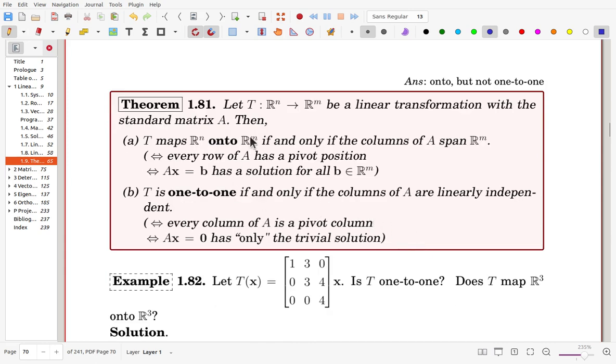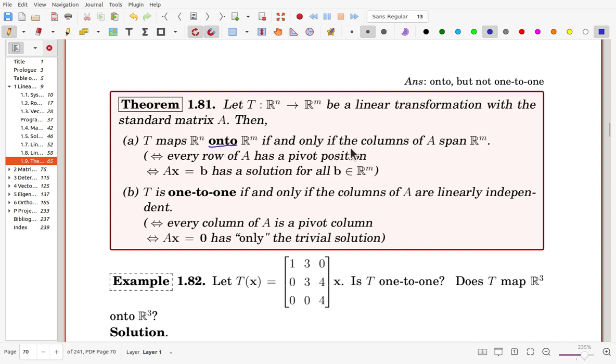Okay, here T is a linear transformation from Rn to Rm with the standard matrix A. Then T maps Rn onto Rm. Here we are now characterizing the concept of onto.